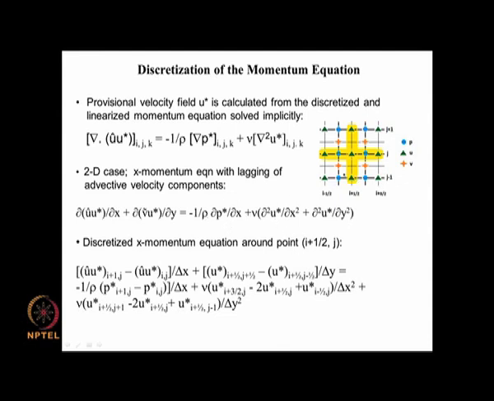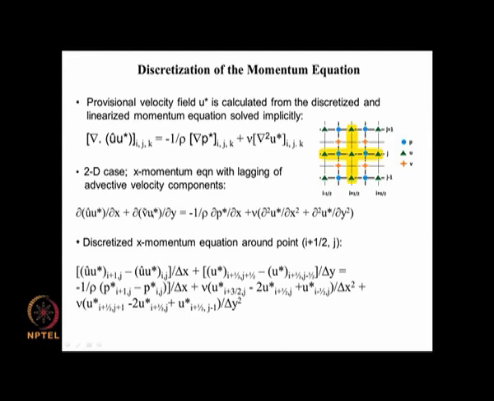The source term is being evaluated making use of the two neighboring values of the pressure, and the advection terms are the ones that require some careful thinking, because the advection terms are evaluated at this point and this point, and these are evaluated in a special way. There are two velocities here. One is the advection velocity, and this is the phi. So, you have V here and then phi here.